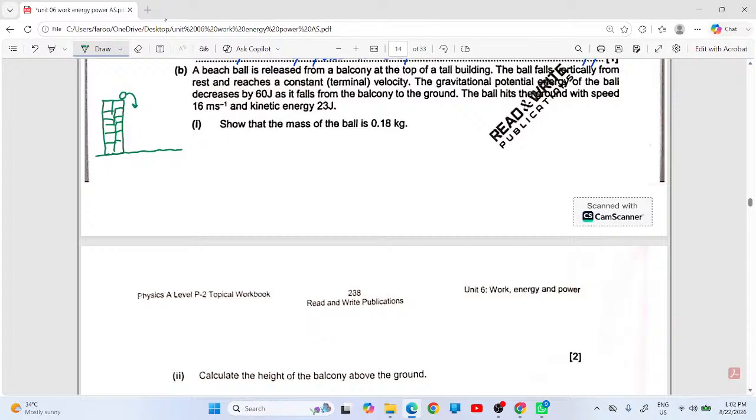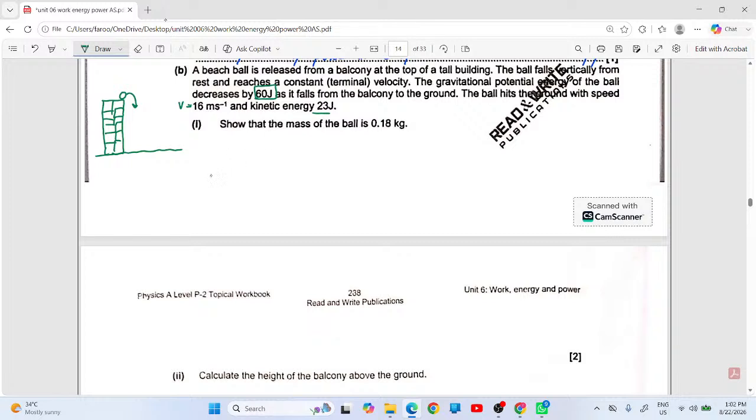Okay. The gravitational potential energy of the ball decreases by 60 joules. This is the change in the gravitational potential energy. As it falls from the balcony to the ground, the ball hits the ground with a speed of 16 meters per second with a kinetic energy of 23 joules.